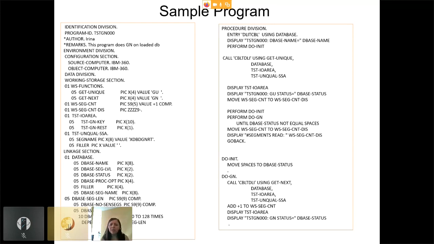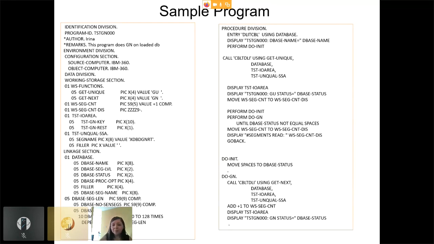Okay, so let's take a look at the actual program. The first thing it does to traverse the database, and the data is already preloaded in the database, is a get unique using an unqualified SSA. By unqualified SSA, I mean there is no key provided. All it provides is a segment name, XDB, DBD, GNRT.